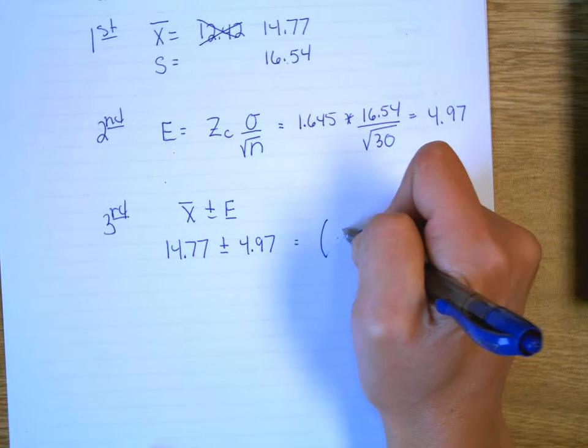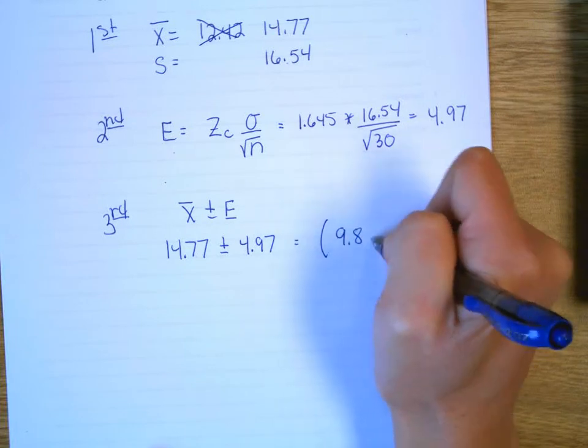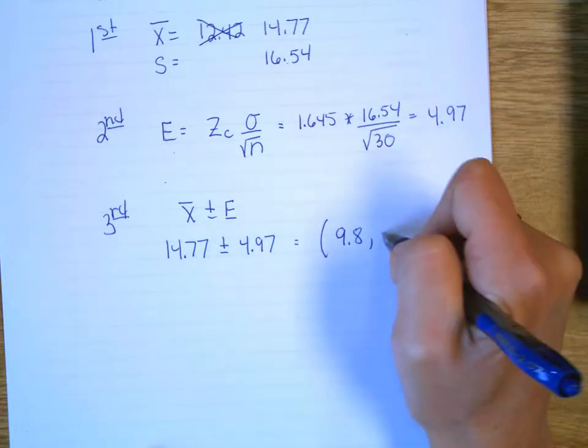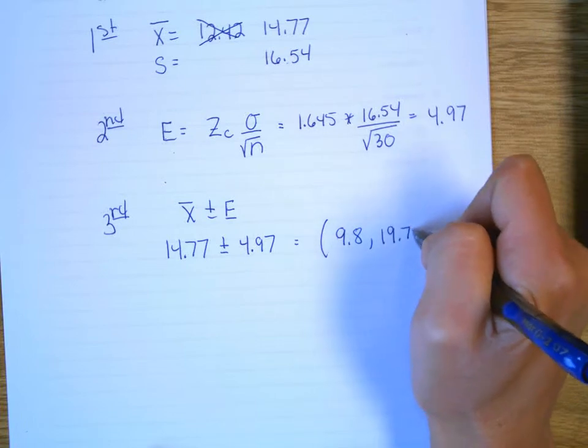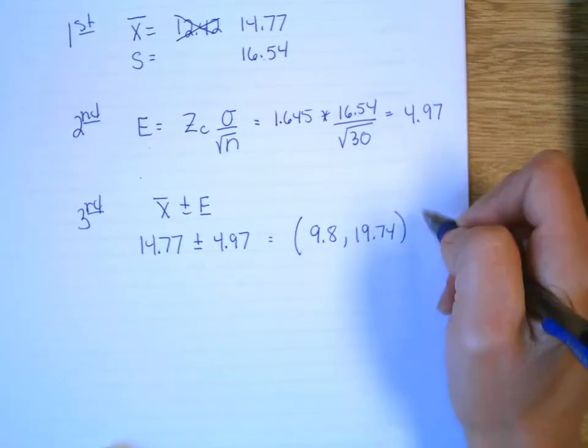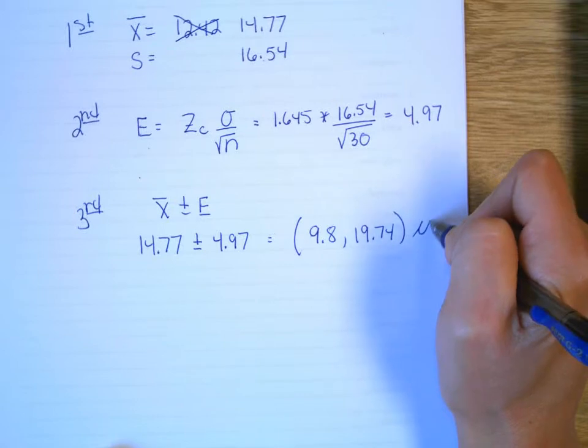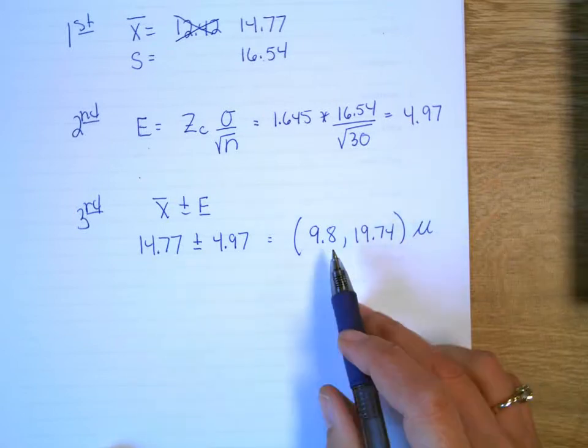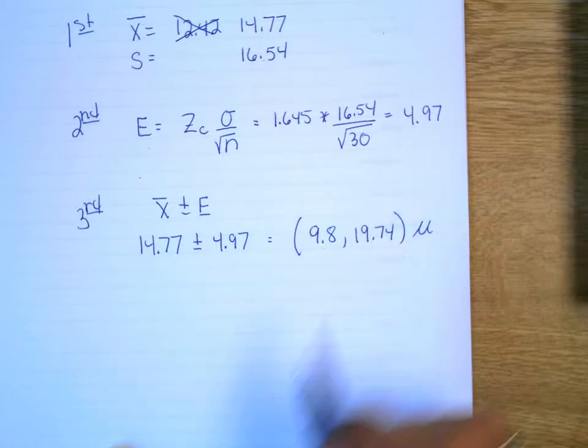What is it? 9.8. And then when you add, so we would expect the average for all magazine advertisements to have an average between almost 10 and 20 sentences per ad.